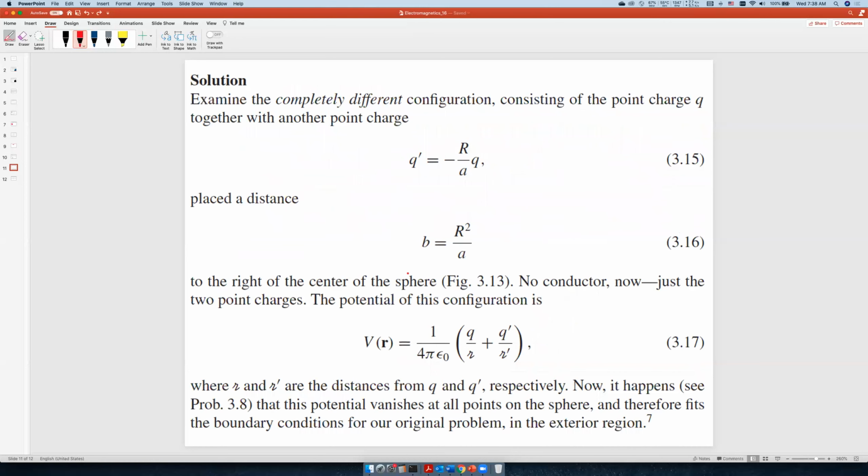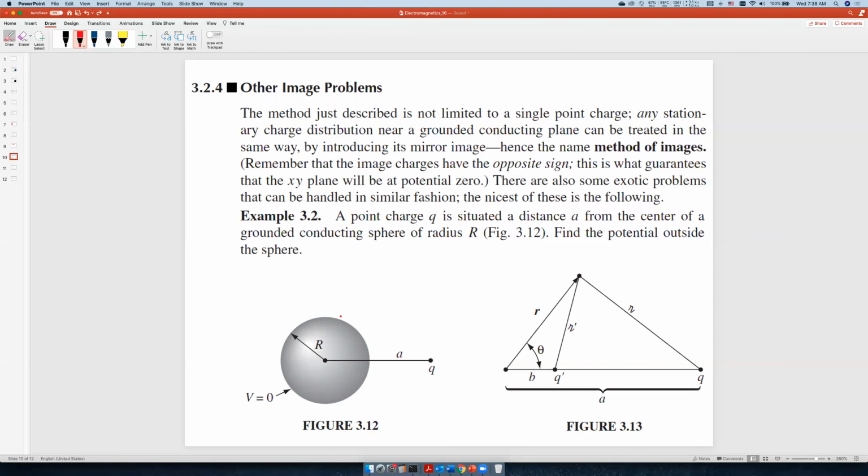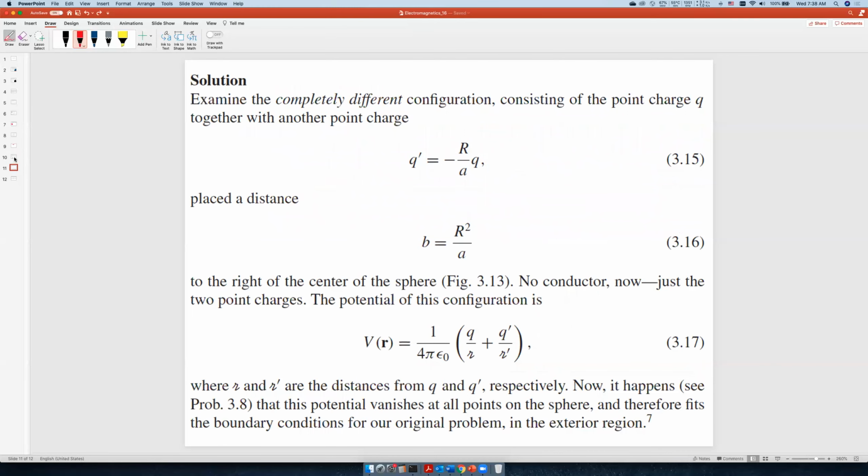So this is the situation for a sphere conductor. If you have a sphere conductor, then you can replace this conductor by this charge and put it at some specific location.